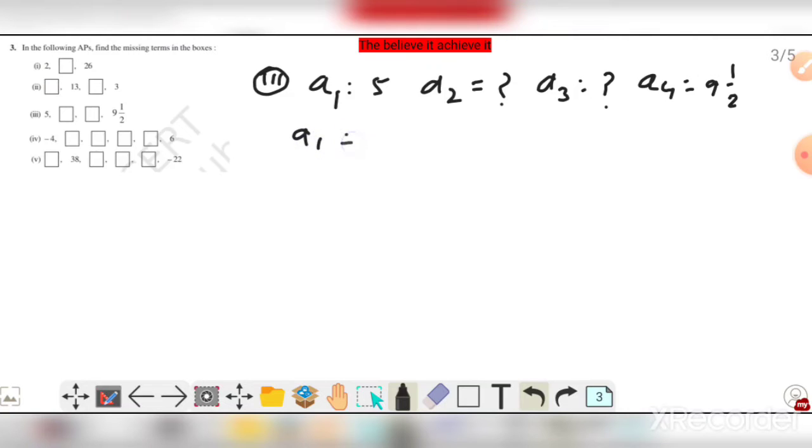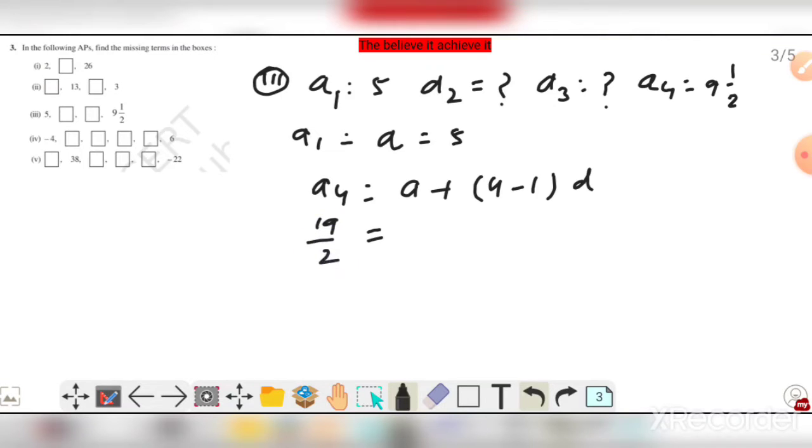A equals 5 is given, and A4 equals A plus (4 minus 1) into D. Here A4 is given 19/2, and A is given 5, plus 3D.